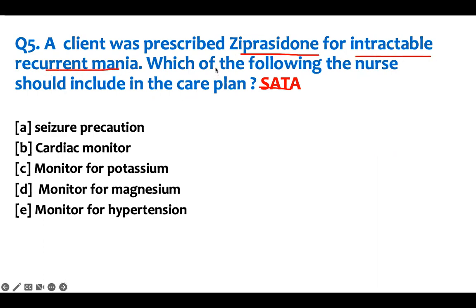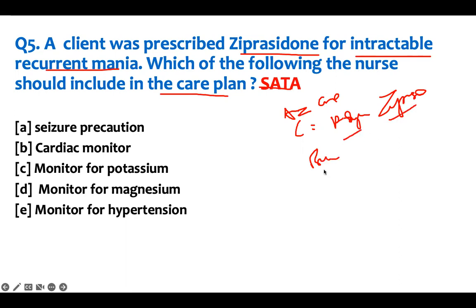You can use it for schizophrenia or psychotic. Which of the following the nurse should include in the care plan? So what is the ask, care plan? What is the case? We have psychotic patient prescribed Ziprasidone. Buzzwords, the same. Psychotic, Ziprasidone.